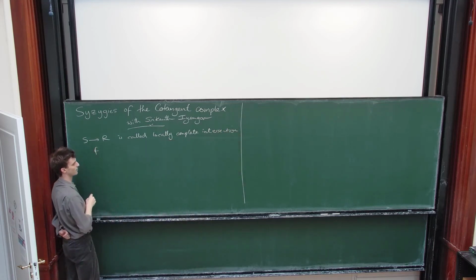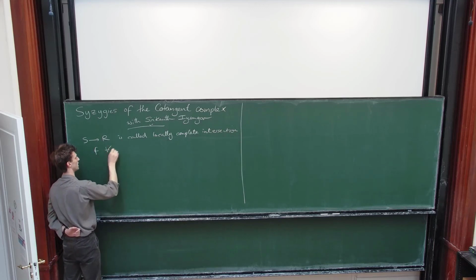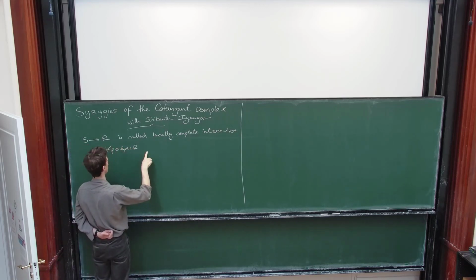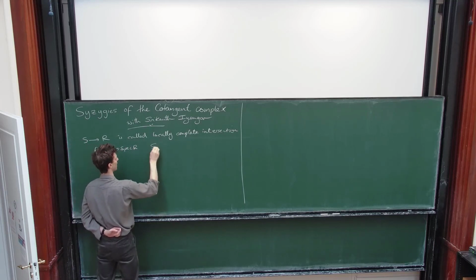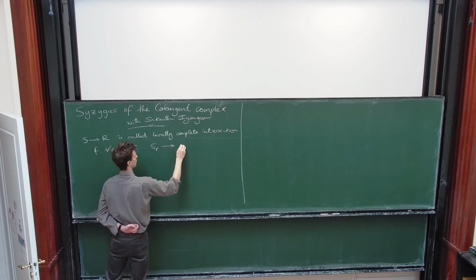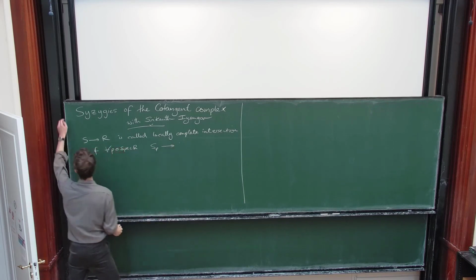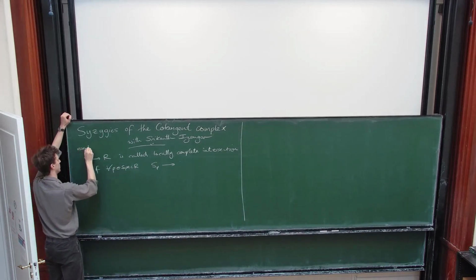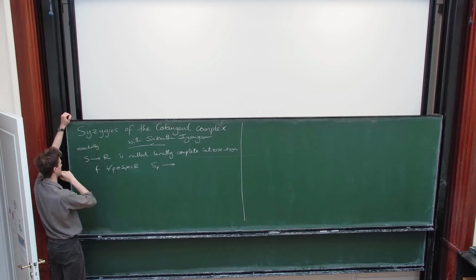It's locally complete intersection on the spectrum, so for all primes P of R, let's say this corresponding map should be a complete intersection map, which means really that this definition is simpler if I assume everything is essentially of finite type, which I may as well because it doesn't really make too much difference.